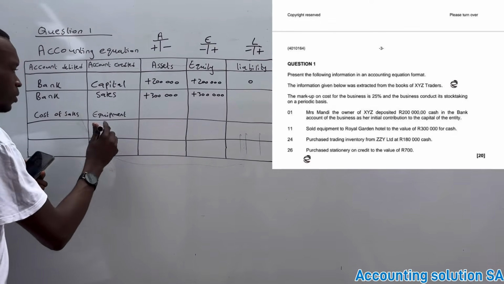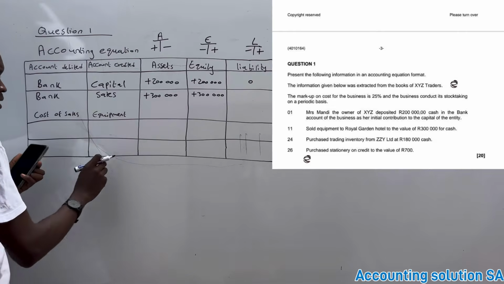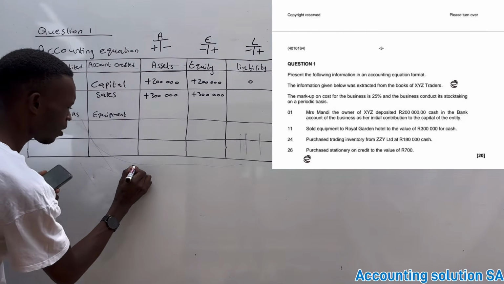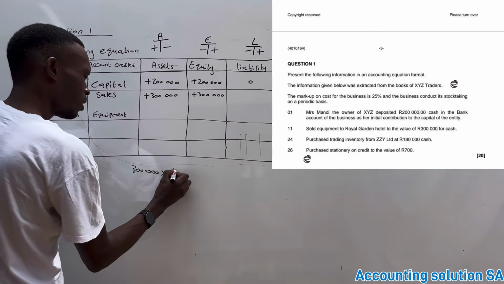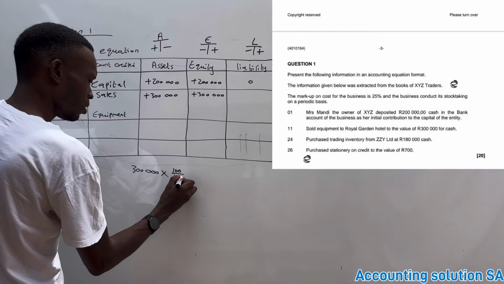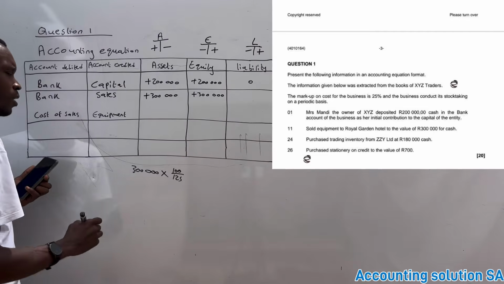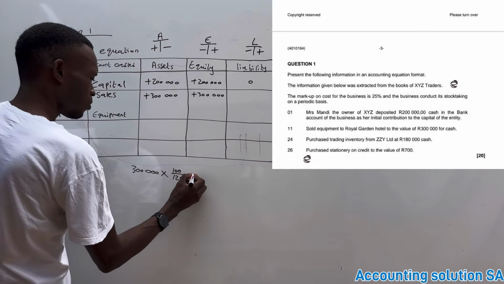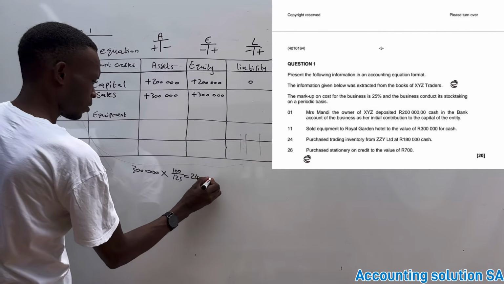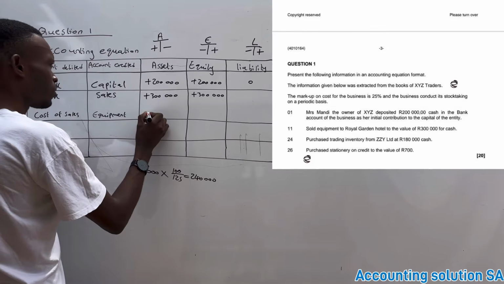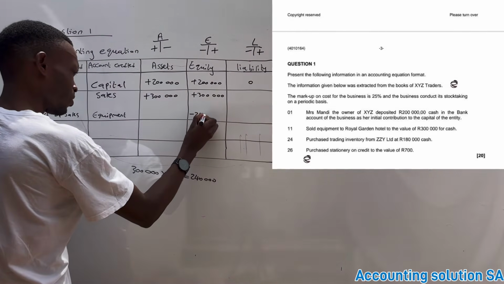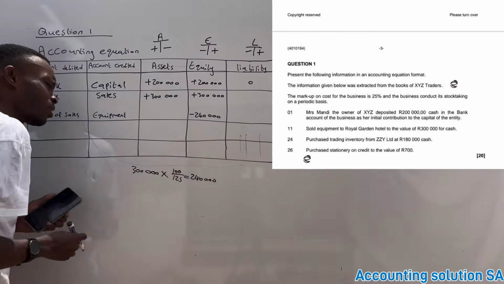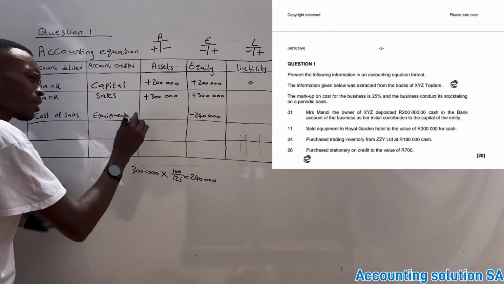Okay, now to calculate this markup, we have to say the amount of 300,000 multiplied by 100 over 125. Then it will give us an amount of 240,000. Our cost of sales will be minus 240,000. Then this side is going to be minus as well.